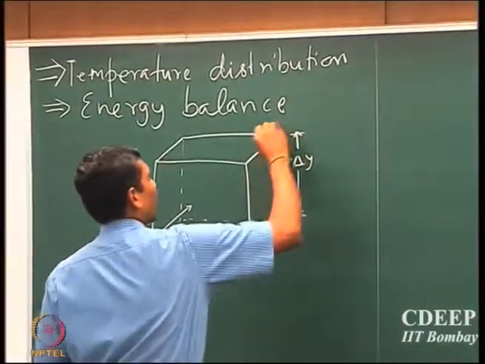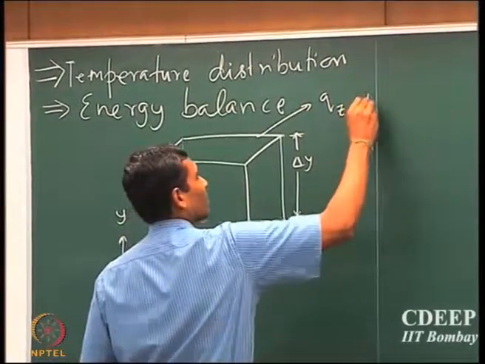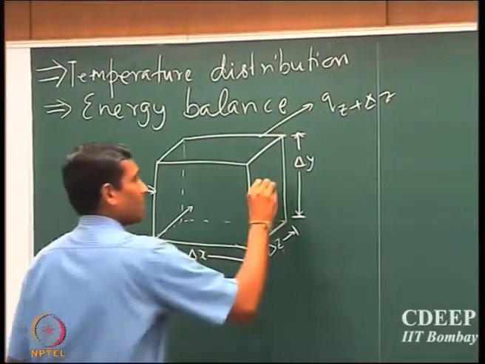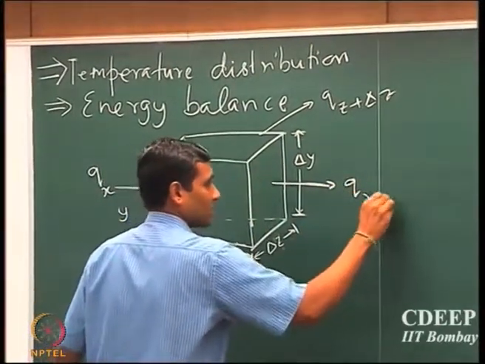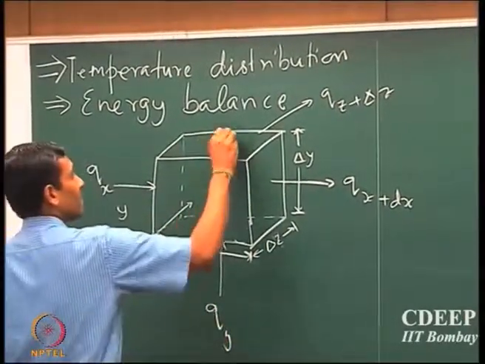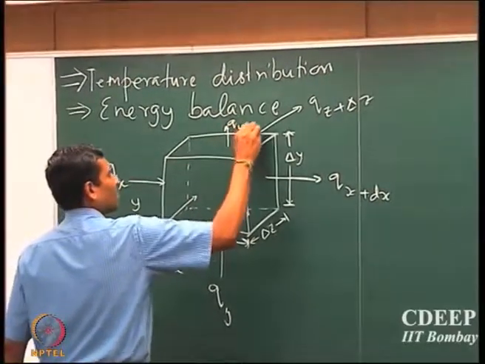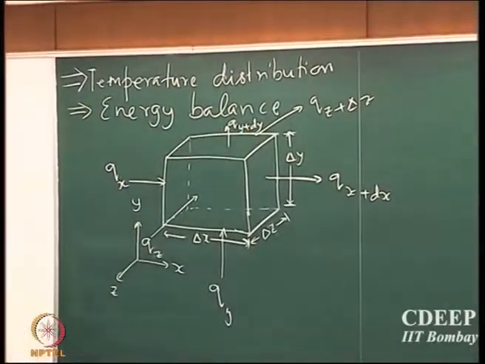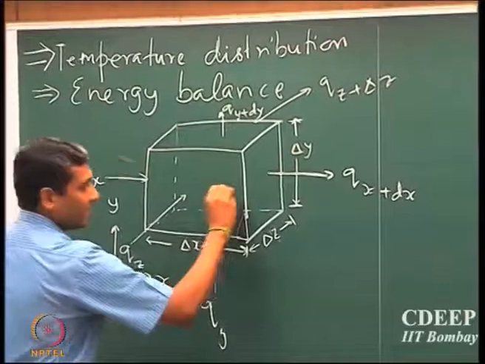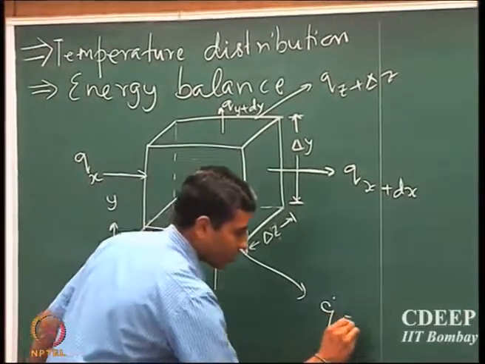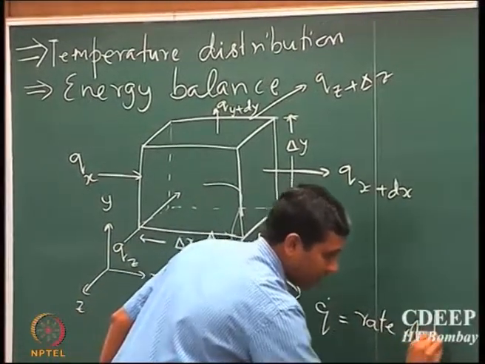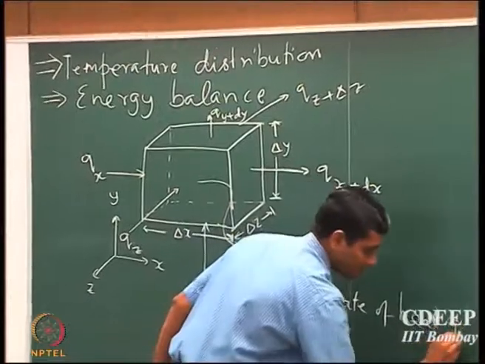Qz, and what comes out is Qz plus delta z; Qx, Qy, and so on. Those are the rates at which heat is entering different surfaces of the element, and we can say that Q dot is the rate of heat generation per unit volume.